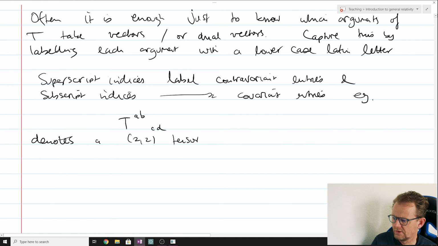So here the letters denote arguments, or label the arguments and their type, not the components of the tensor itself.